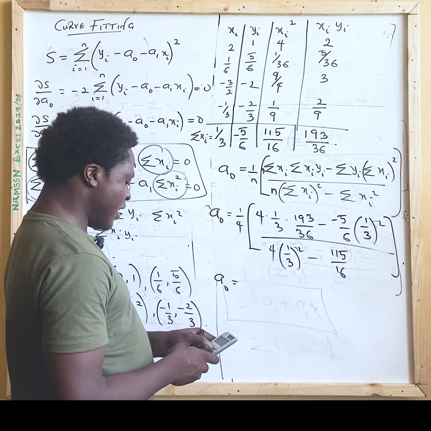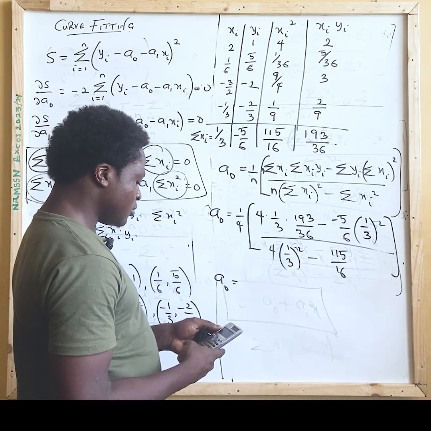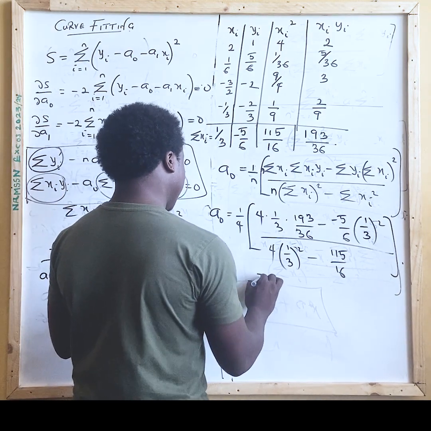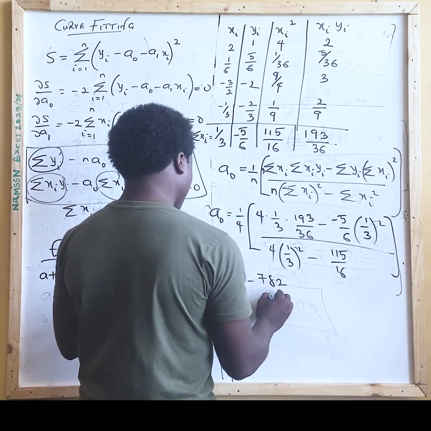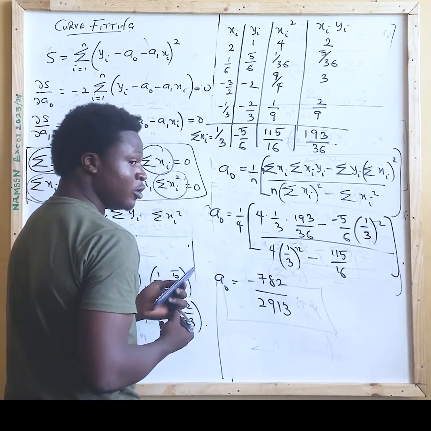So let's see what that gives us. We get minus 782 over 2913. So this is our a naught.